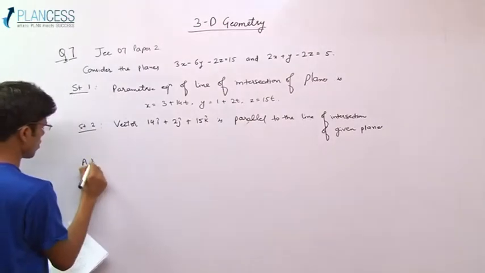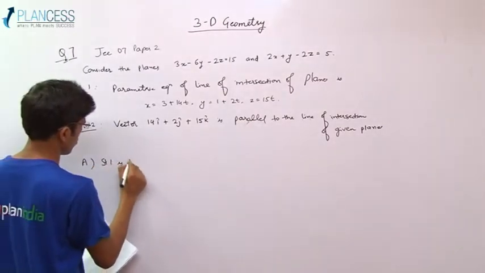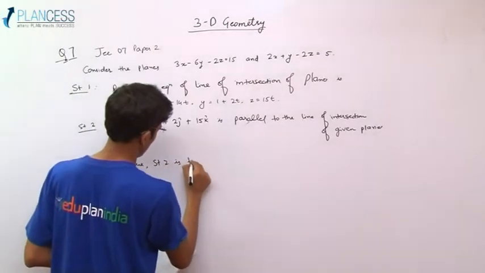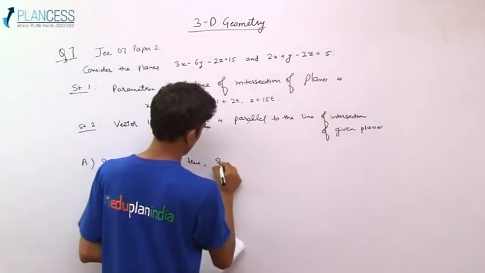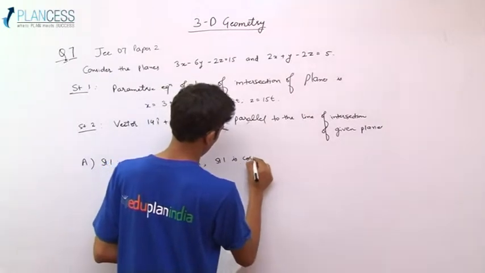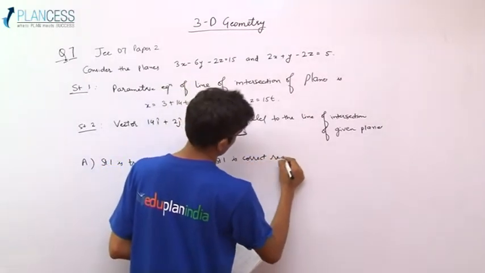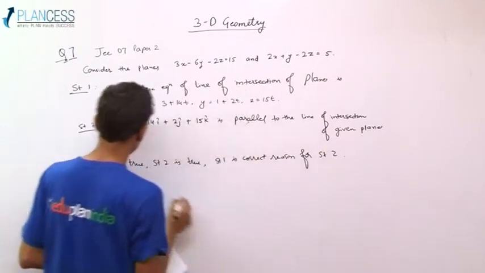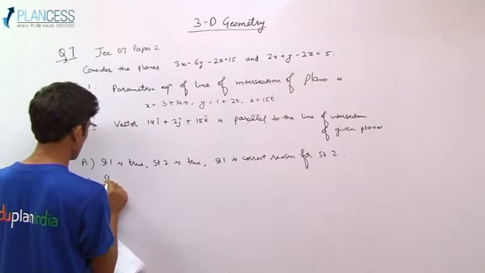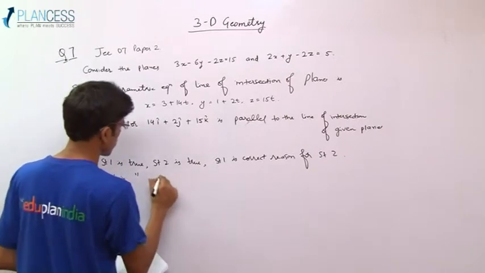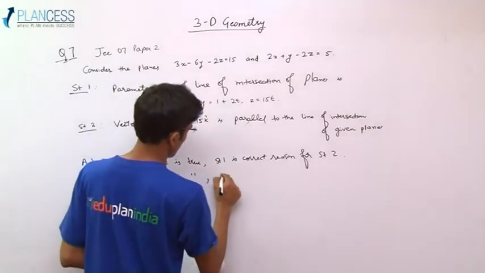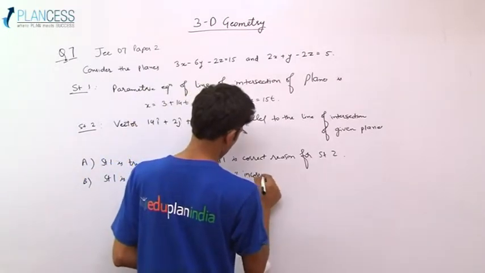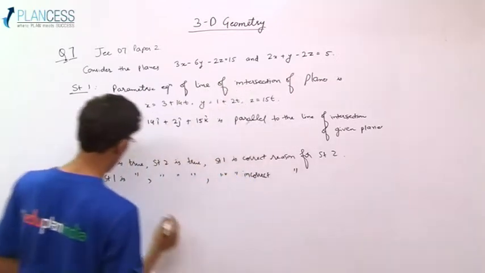So first is statement 1 is true, statement 2 is true, statement 1 is correct reason for statement 2. Second is statement 1 is true, statement 2 is true, statement 1 is incorrect reason for statement 2.